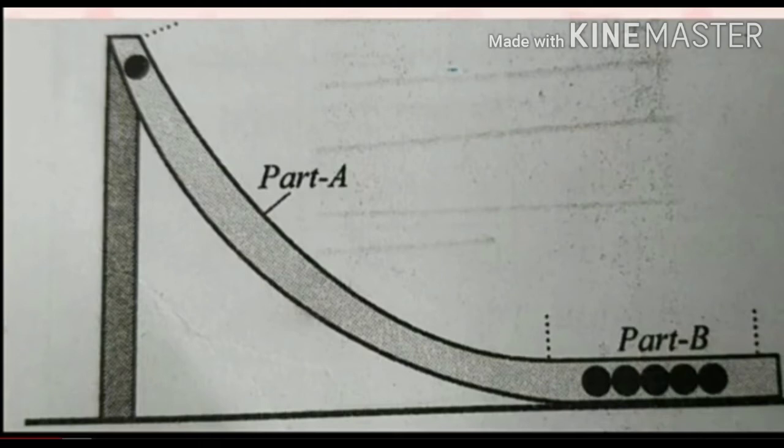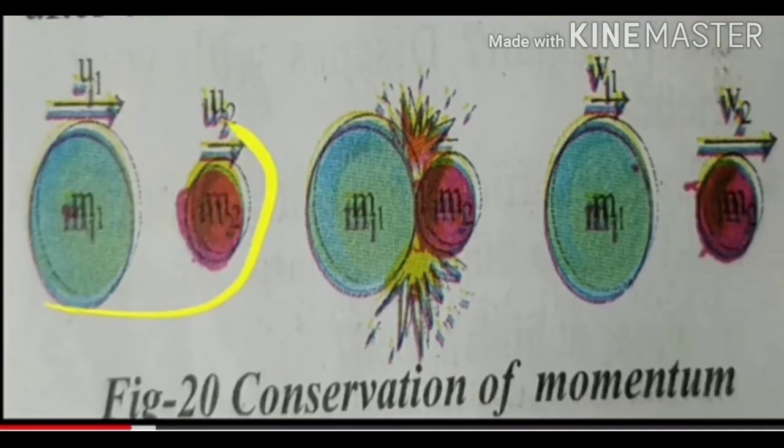In this slide, I have taken two objects of different masses. Let the mass of the first object be m1 and the mass of the second object be m2. Let them move with velocity u1 and u2. As both are moving in the same line, they collide at one place, and if u1 is greater than u2, then after the collision, which lasts a very short time, let the time be t for which they collided.